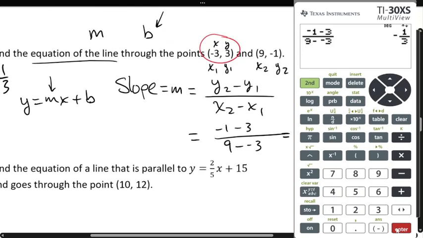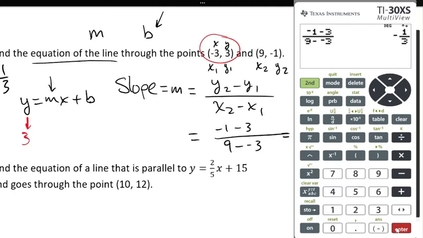So in for y, I'm going to place the number 3 because y from the point I'm using is +3. In for my slope was -1/3. And then in for x, I'm placing the number -3. And then plus b. So you can see here, all I've got are numbers now, except for b, the thing I'm trying to find, my y-intercept parameter.